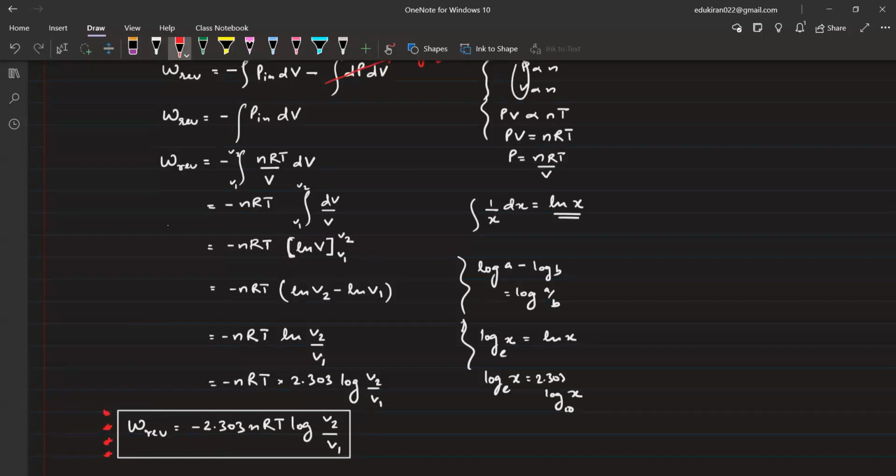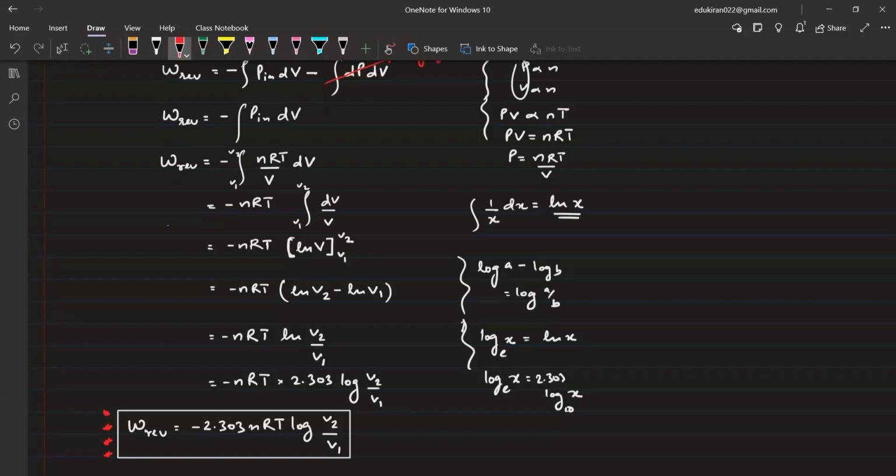Some things come slowly. We will be discussing log also, but not right now, because we have to discuss log at length. So just keep this formula for now, and when we understand log, you will understand this better.